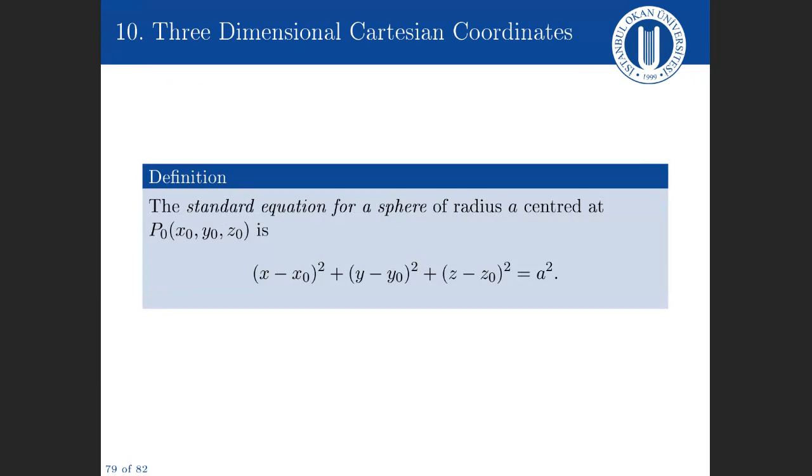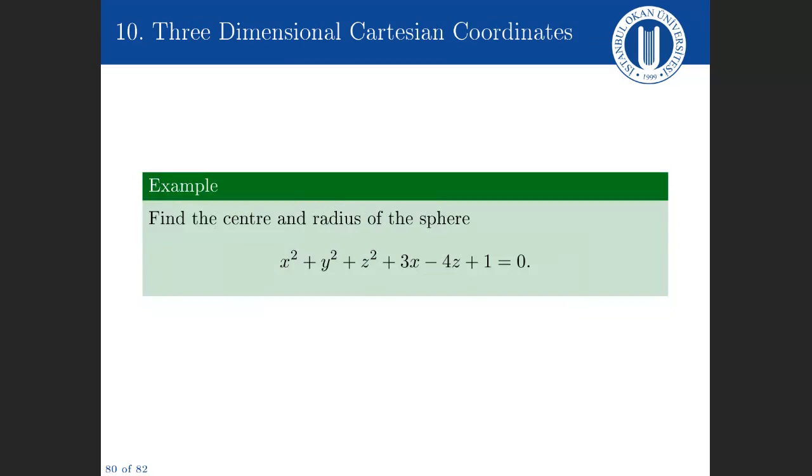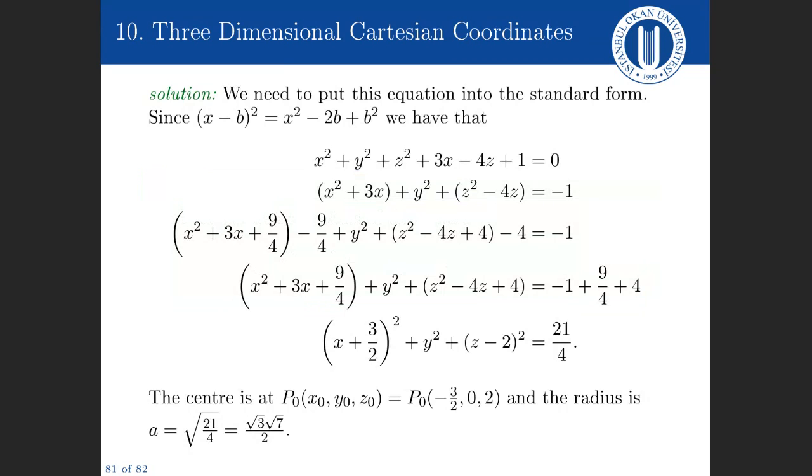Here's the standard equation: x minus something squared plus y minus something squared plus z minus something squared is equal to something. But we don't have this. We have x, y, and z, and a 3x and a 4z and a 1, all on the left. We need to rearrange our equation so that it looks like the standard equation.